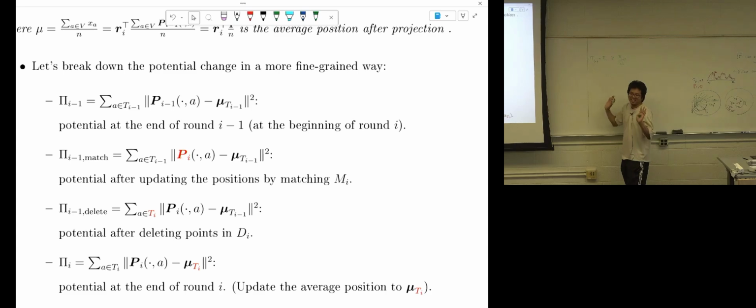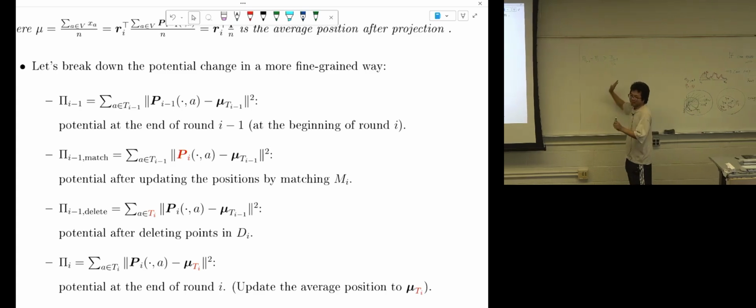If we can do this, we are done. That's kind of the goal. If this is true, then repeat this for log squared rounds, and then you're done.